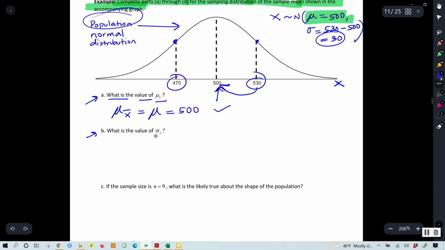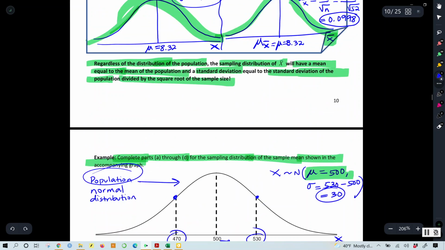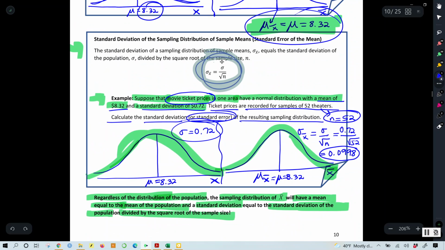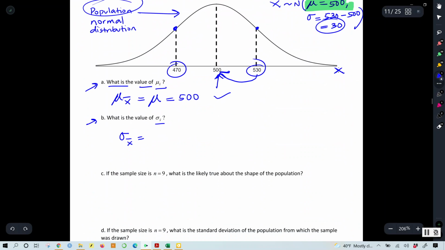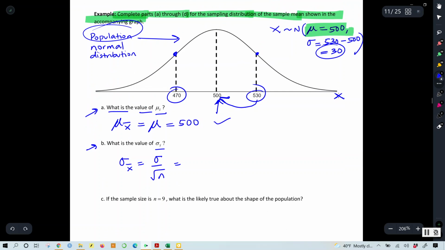Question B, we have to find the standard error of the sampling distribution of the sample mean. This is given by the formula we saw earlier, which is the population standard deviation divided by the square root of the sample size. So, using that formula, what is the population standard deviation? That was 30.